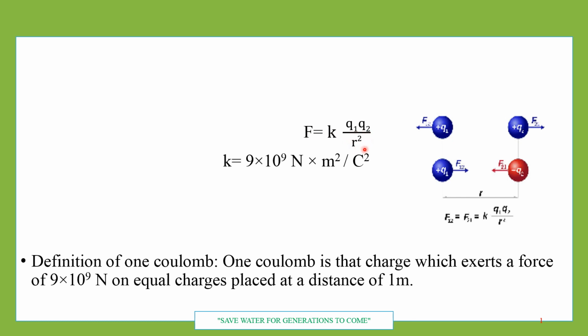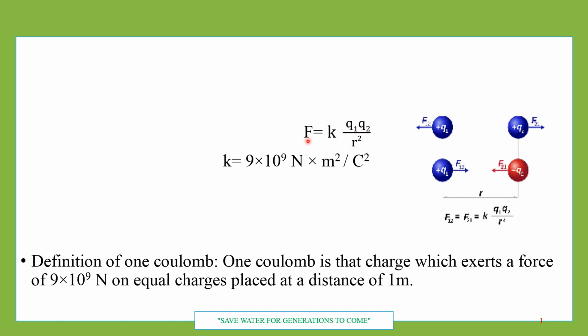And if the distance between their centers is increased, then this force decreases; it is inversely proportional. If R increases, F decreases. Here opposite charges attract, and similar charges repel. So this force of attraction or repulsion is directly proportional to the product of their charges and inversely proportional to the square of the distance between their centers, right?